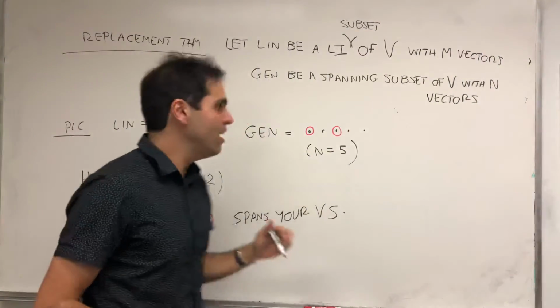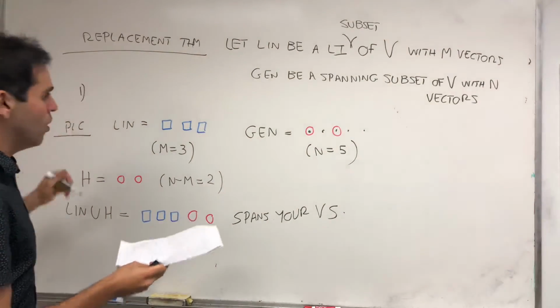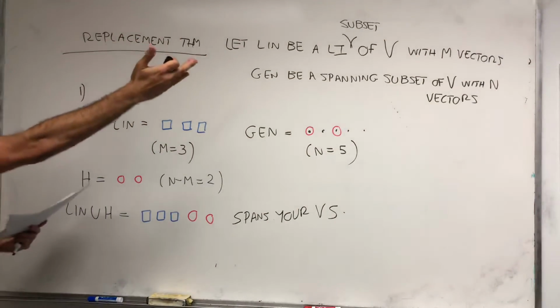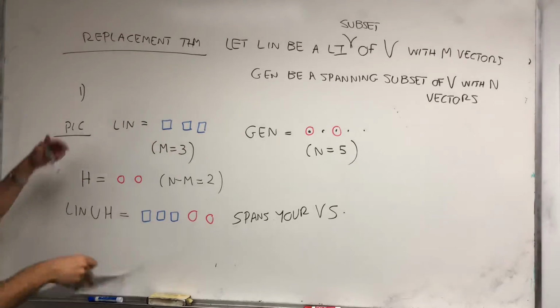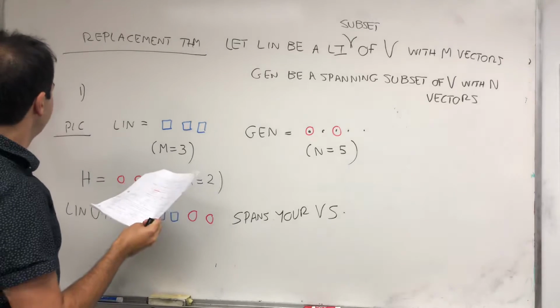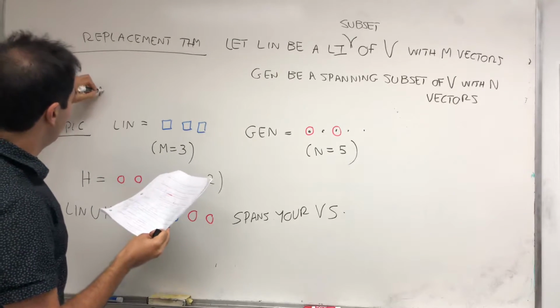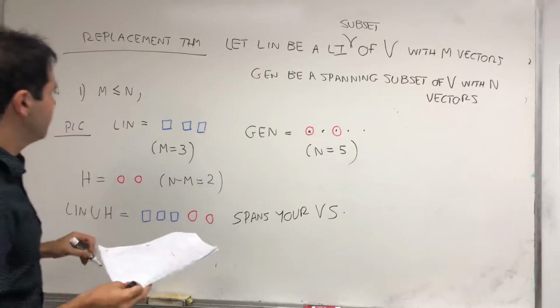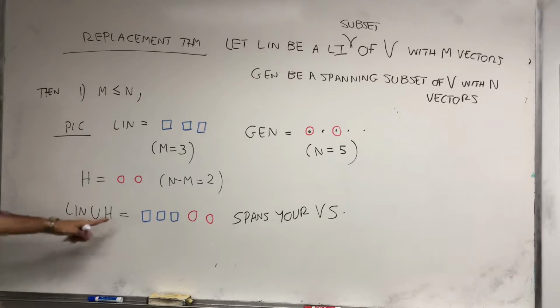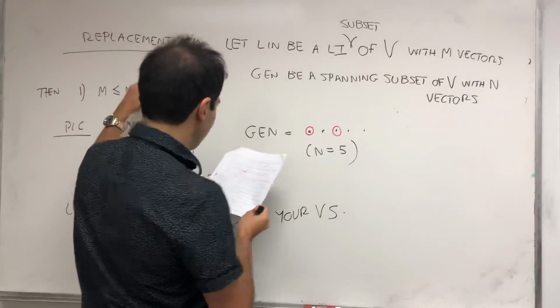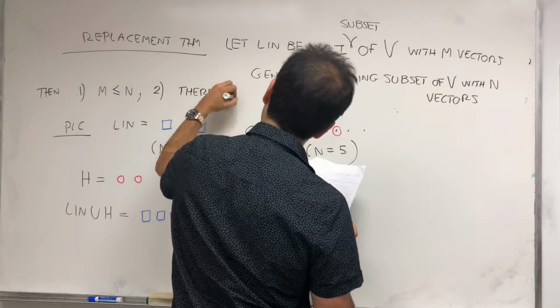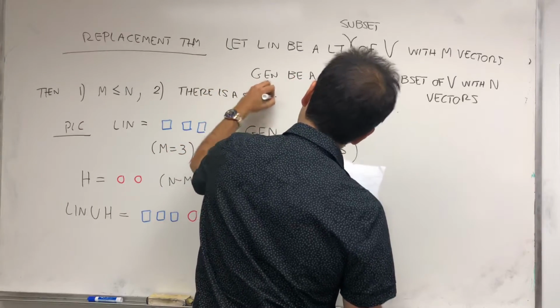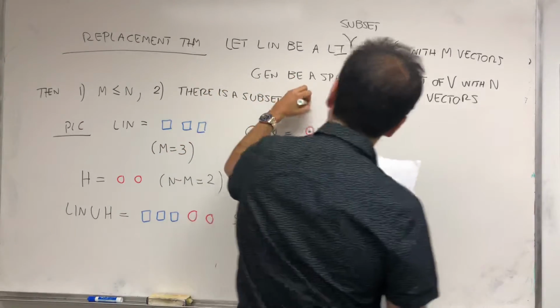Then, what do we have? We have that, first of all, as I said, a linearly independent set has to be smaller than or equal to a generating set. So first of all, m is less or equal to n. And second of all, precisely this, namely, there is a subset of gen.